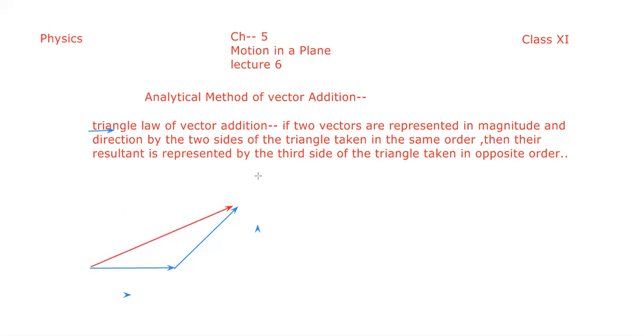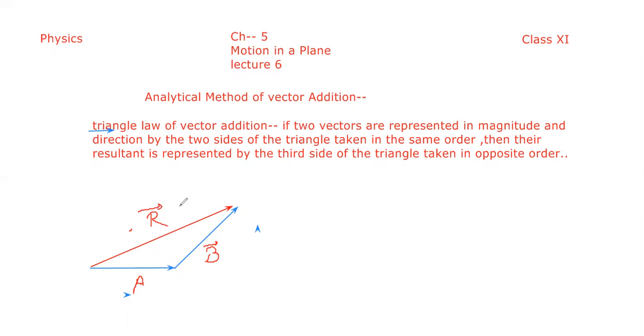If this is vector A and this is vector B, then this is vector R. Its direction is the opposite order.